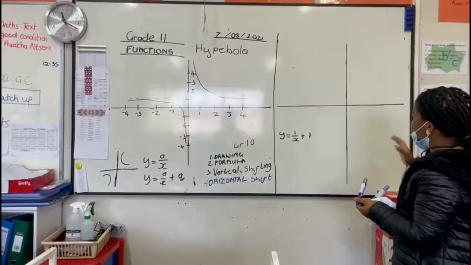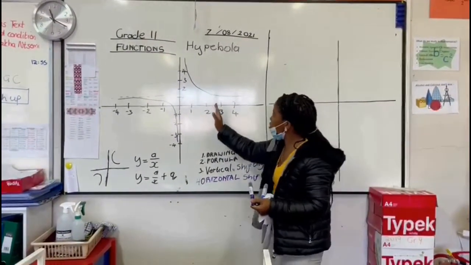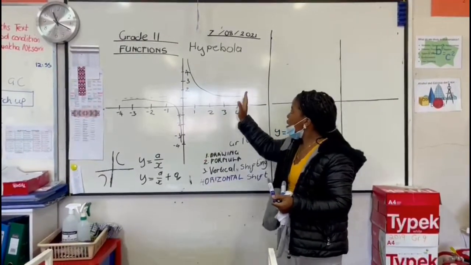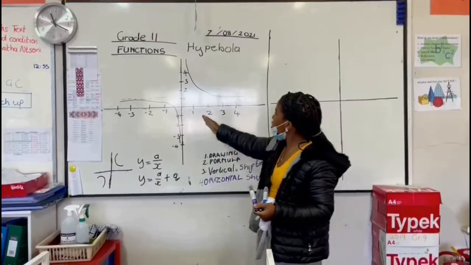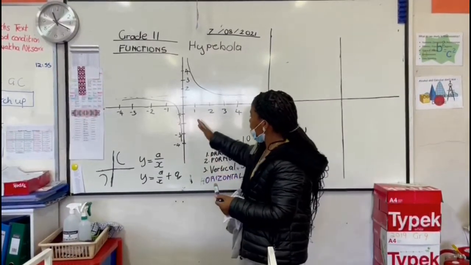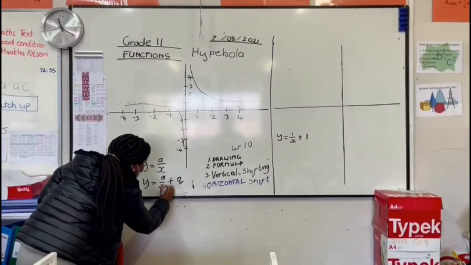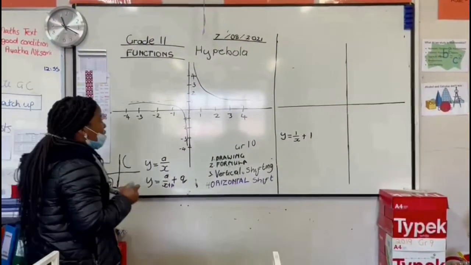So we'll do the horizontal shifting here. In the horizontal direction, it will add a plus p here.